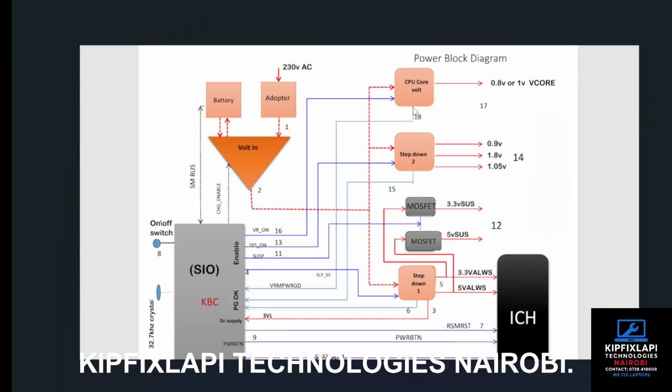Yes, whether you have insufficient voltage or enough, or you have any issue concerning those lines, most of the time it's about the SIO. So in case you're missing the 5 or 3.3 voltage or any line, sometimes you might find you're missing some voltage because of this SIO.